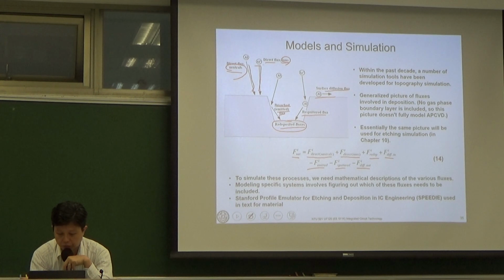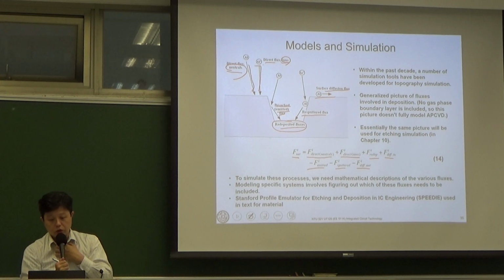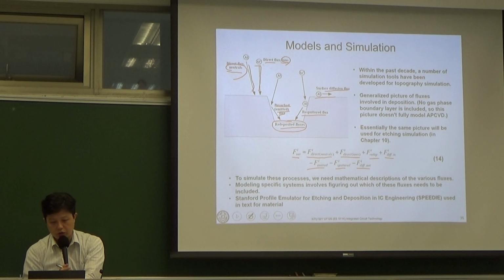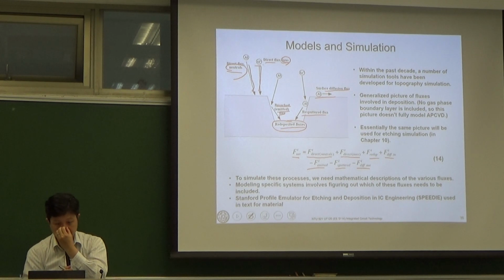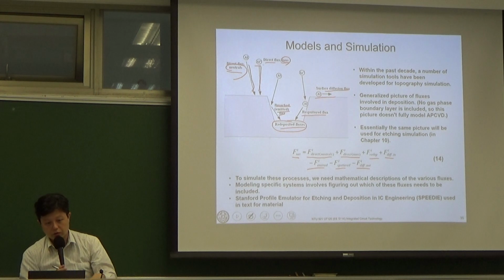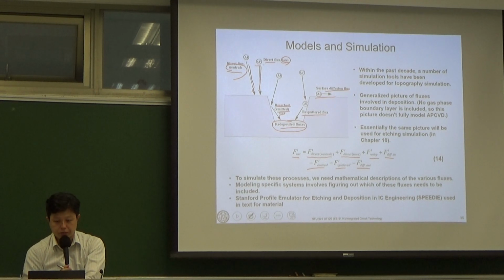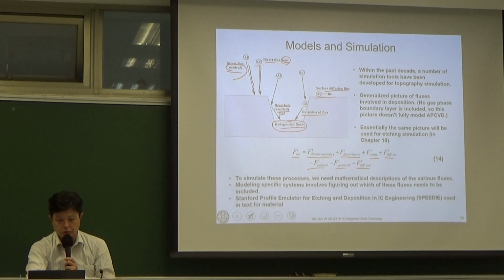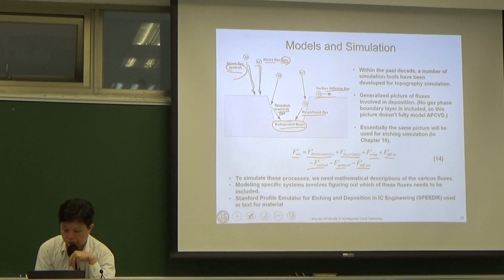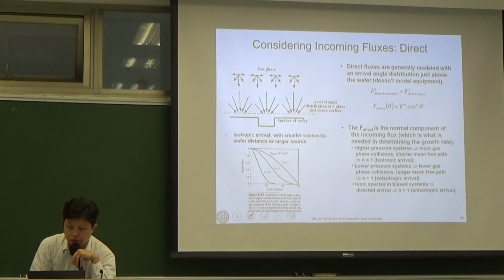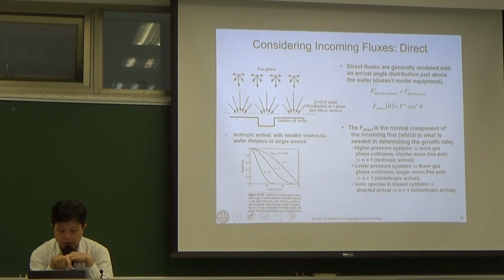So when we try to simulate this deposition, we can try to find the mathematical description of each flux term, add it up, and estimate the growth rate or deposition rate. So we will go into them one by one. Let's look at the direct flux first.